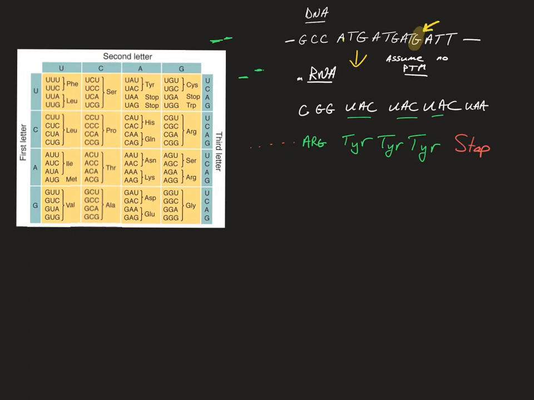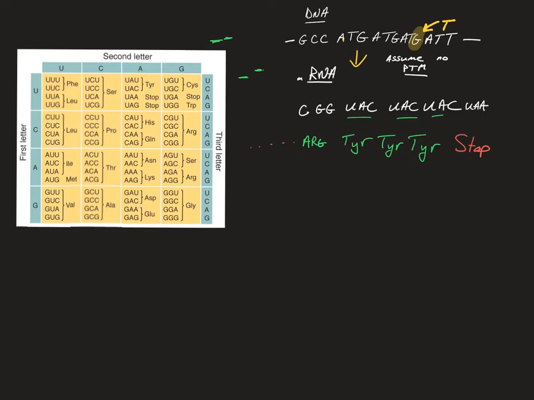Mutation right here at this G. What if this G in the DNA, some UV light, some radiation, some cigarette smoke, something changes this G from a G, right? No, not to an A, from a G to a T. So you have ATT.